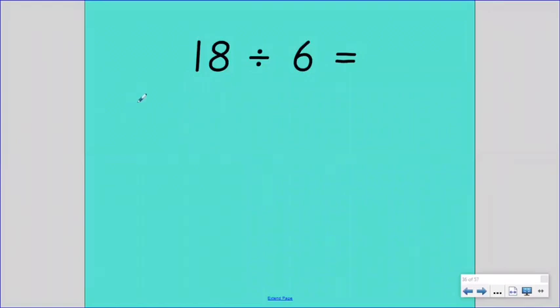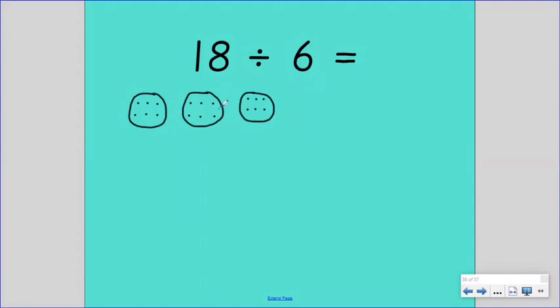Ready? 1, 2, 3, 4, 5, 6, 7, 8, 9, 10, 11, 12, 13, 14, 15, 16, 17, 18. We can stop there because we've reached 18. So, how many groups of 6 do we have?